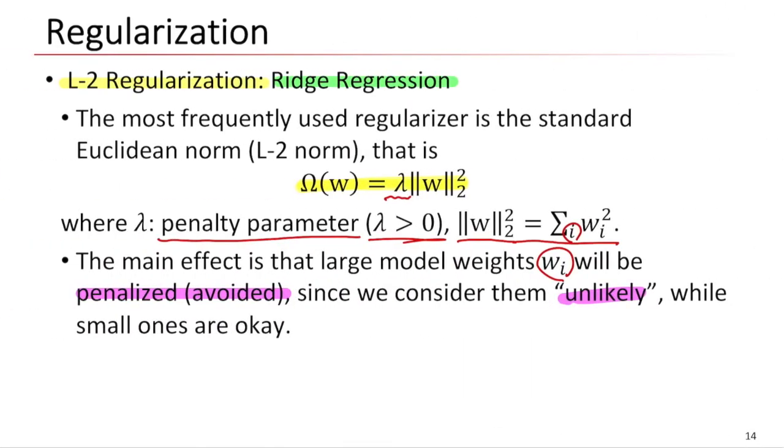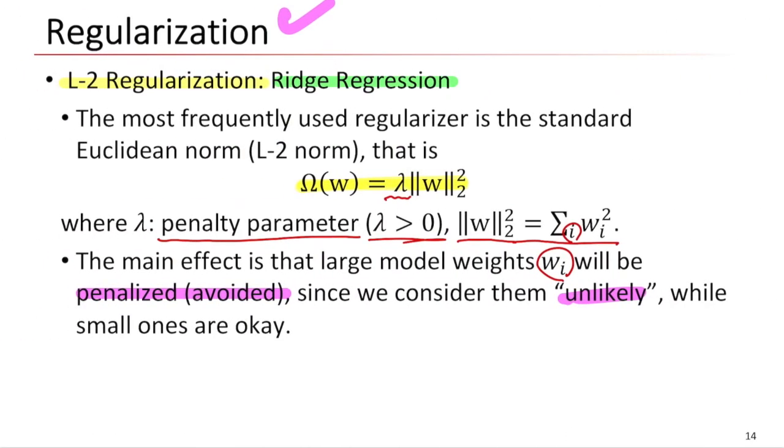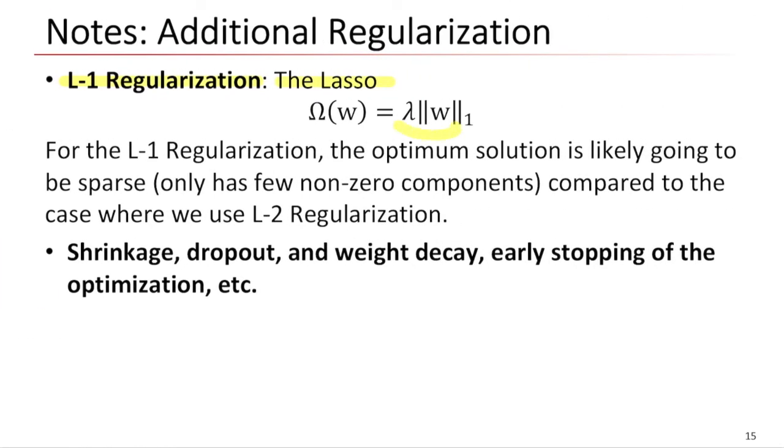Okay, so this is the definition of the regularization, and actually there are several kinds of regularization. First of all, there is the L1 regularization. This is called the lasso. Compared to this one, the regularizer is the L1 norm.